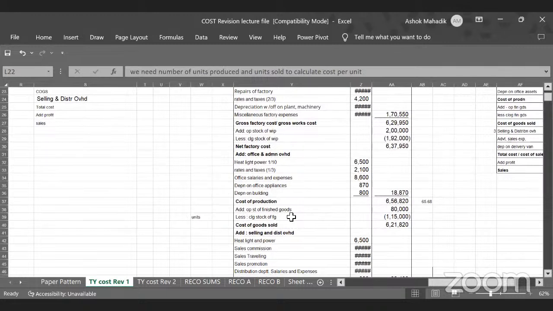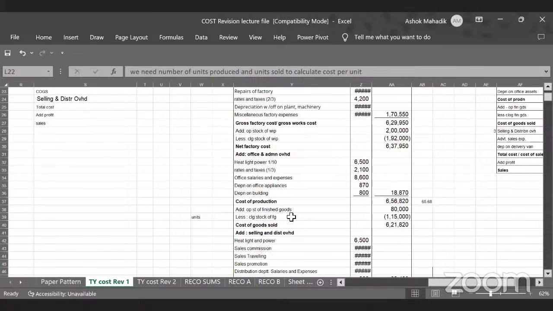I hope you are clear with the format. Now I will quickly get you through some questions, and these questions will be more than enough for you to prepare for your exam. We won't be solving them, as I already have the solutions. I'll be showing you how to deal with this kind of question.